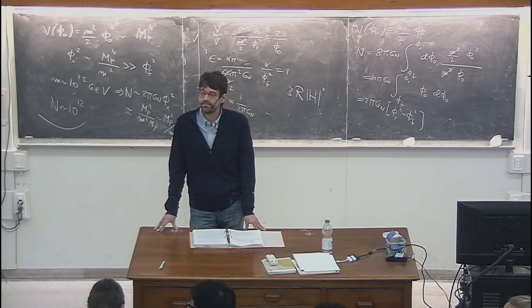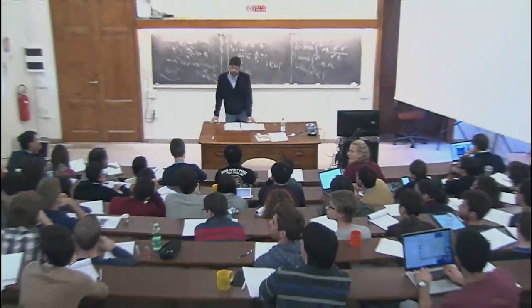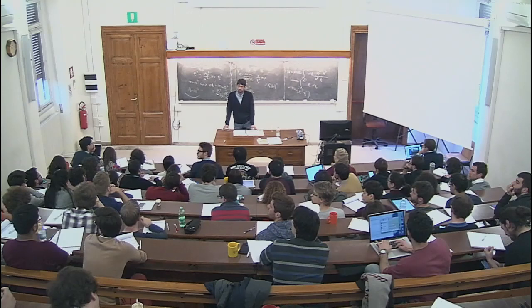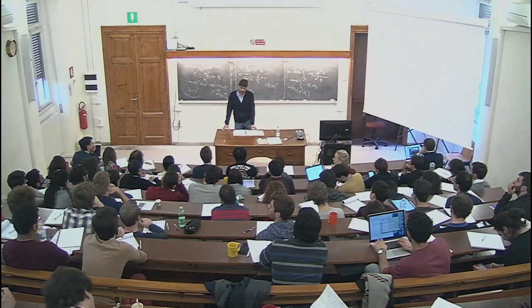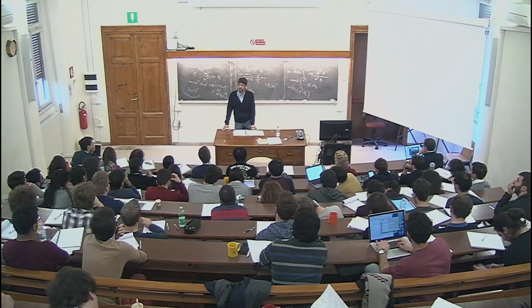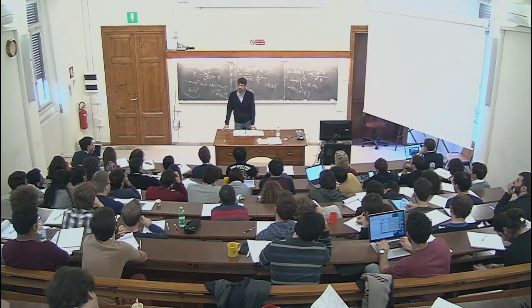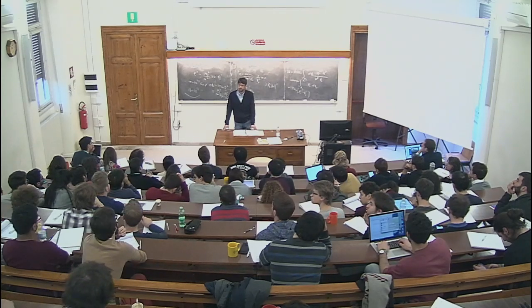Yes. Why do we need a flat potential? We said that we need a negative pressure, right? I can still have some kinetic energy. Yeah, of course. So the correct condition is P greater than minus rho over 3. As long as you are in that regime, that's okay. So that would not require a very small epsilon? Yeah.